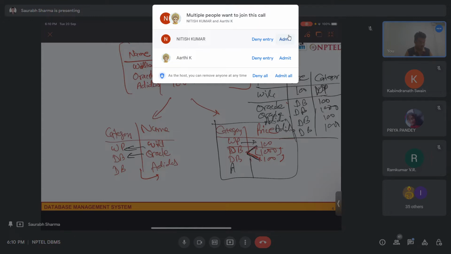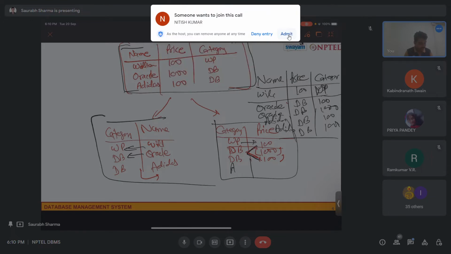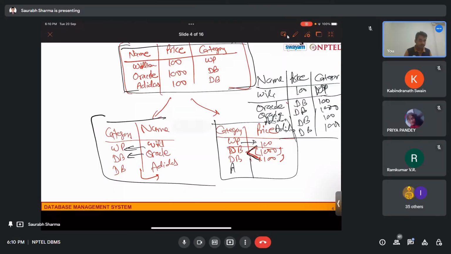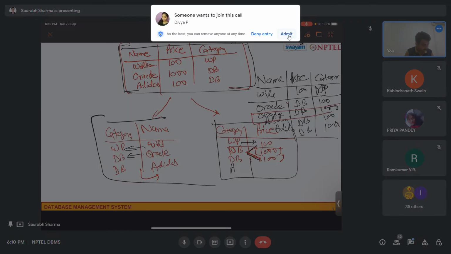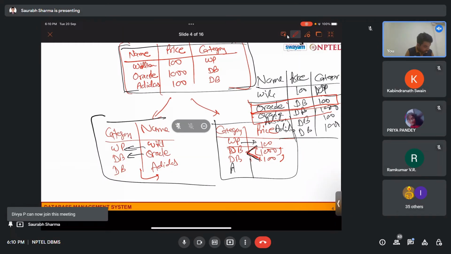So we have this original table. When we joined these two tables, we got the data which was actually existing there, but we also got some wrong entries, like this Oracle 100, or you can say this Adidas 1000.